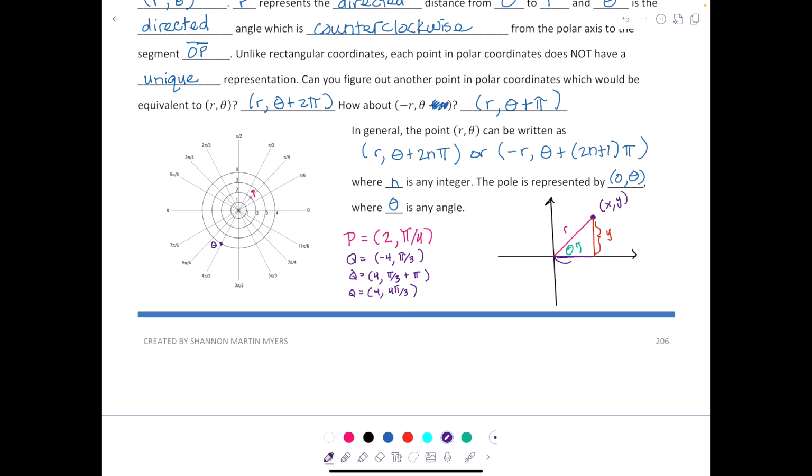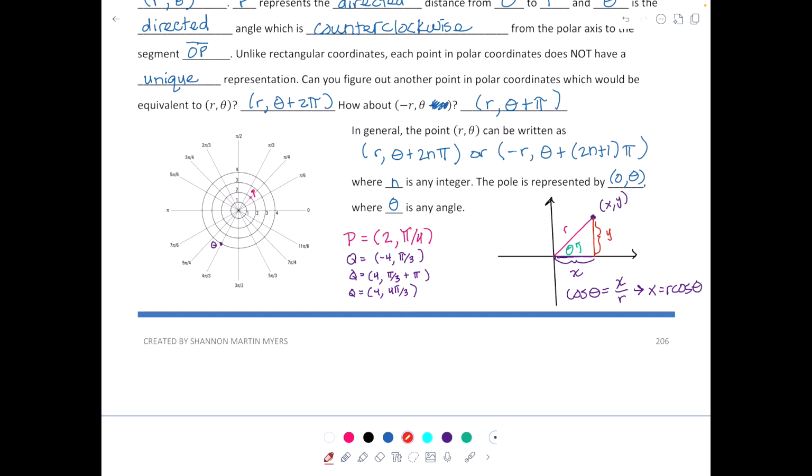And then down in here, you've got your x distance. So if you look at this trig-wise, cosine theta would equal x over r. And so that means that x equals r cosine theta.